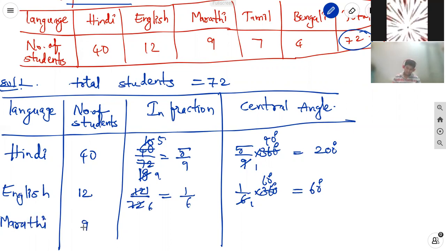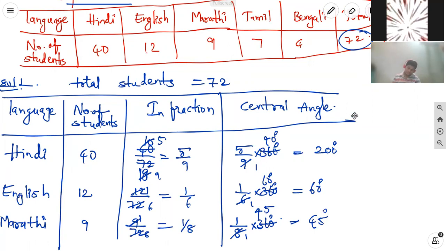Marathi speaking students, 9 students, 9 by 72. 9 ones are 9, 9 eights are 72, 1 by 8. So 1 by 8 into 360 degrees. 8 ones are 8, 8 fours are 32, 8 fives are 40. It's 45 degrees.